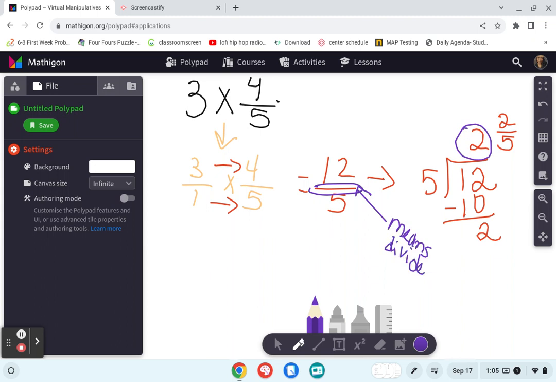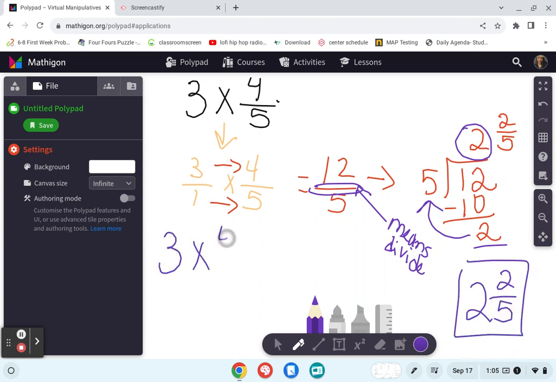There are 2. And then when I subtract the product of 5 times 2 from 12, I am left with 2. And so my 2 is less than my 5, so I'm in good company here. My new fraction is going to be 2 and 2/5. This is my answer. So 3 times 4/5 equals 2 and 2/5.